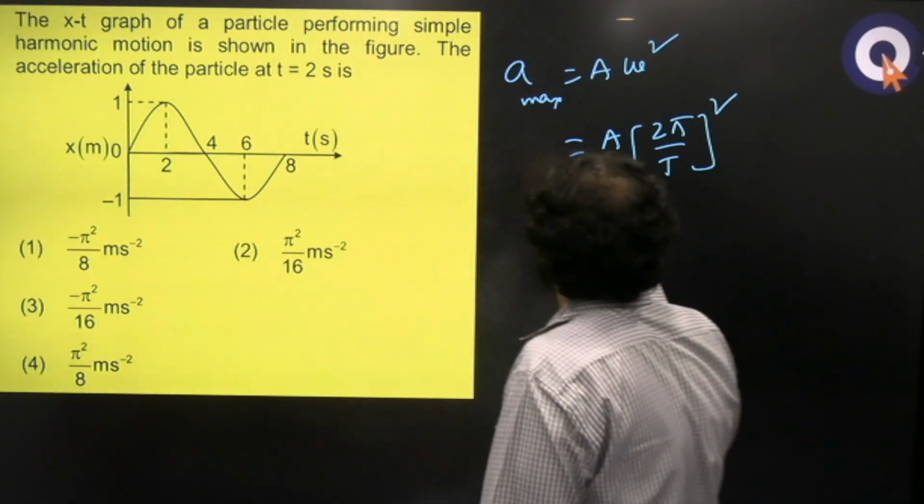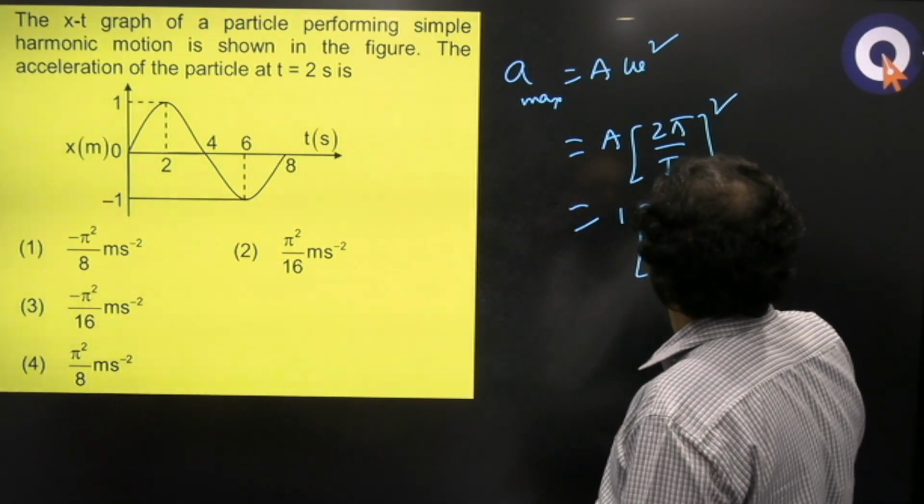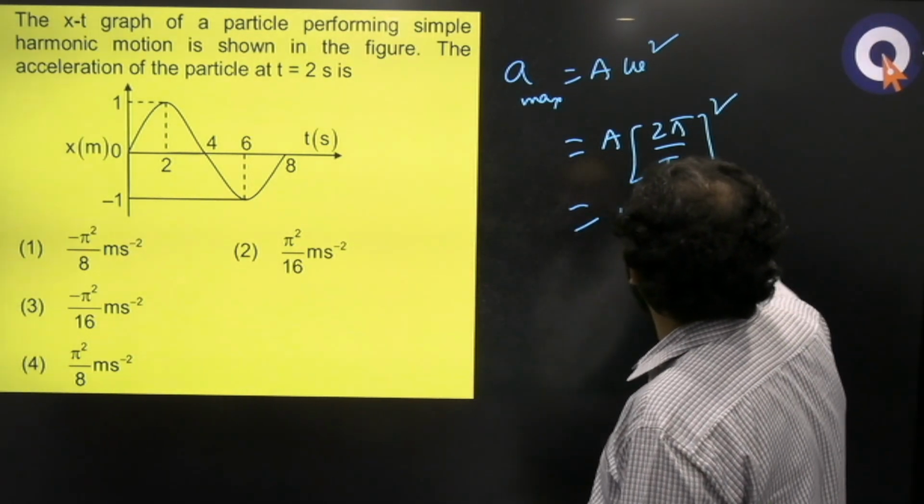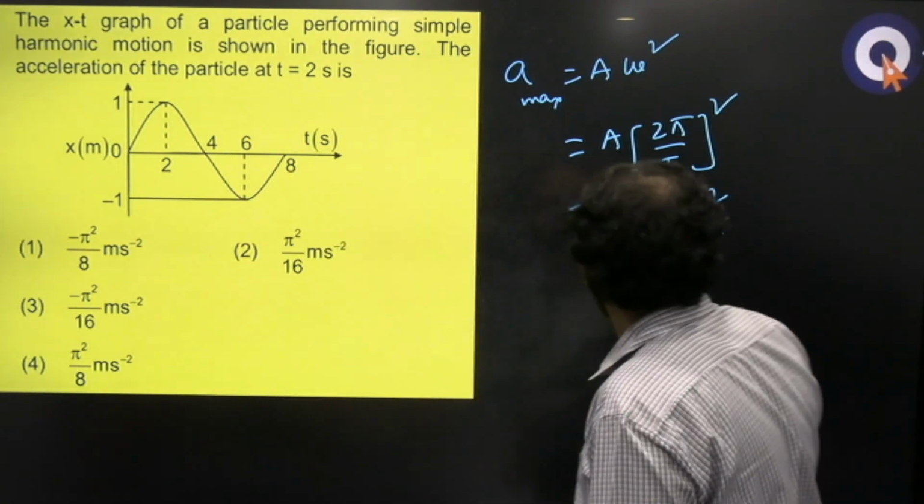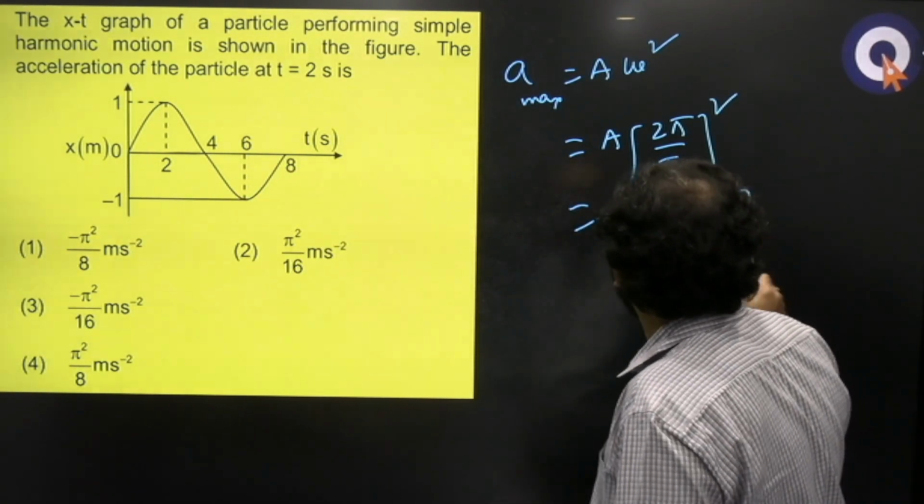So amplitude is 1, 4 pi square by T square, time period 8, so 8 square.